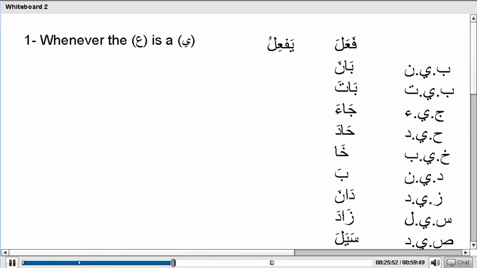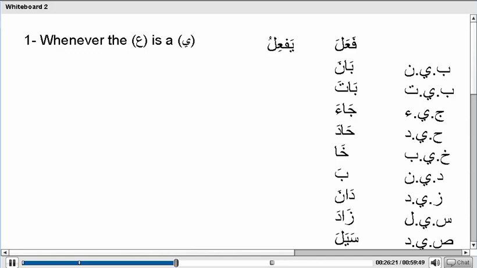The way is, when you know the masdar, which is the verbal noun, and you know also the mudari', you will know what it was originally. Because if you say dana, what's the verbal noun of dana? The verbal noun of dana is dinan, deen. So there you go, it's the ya.